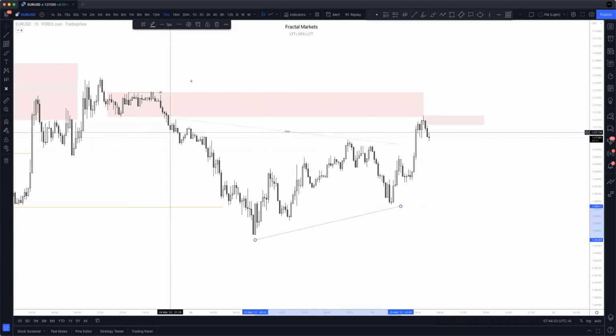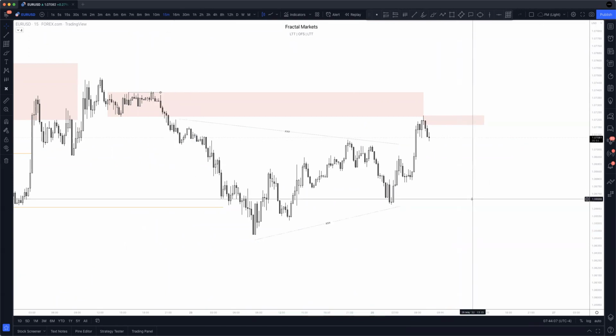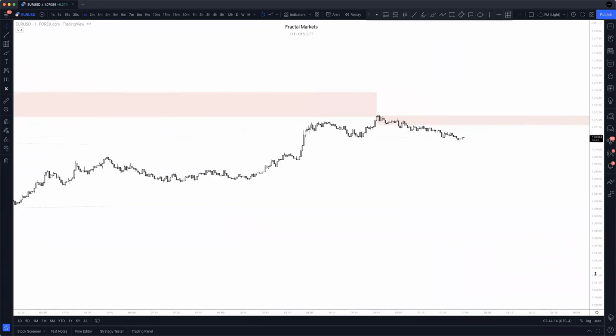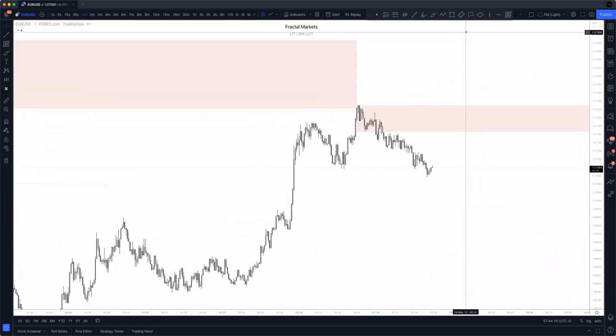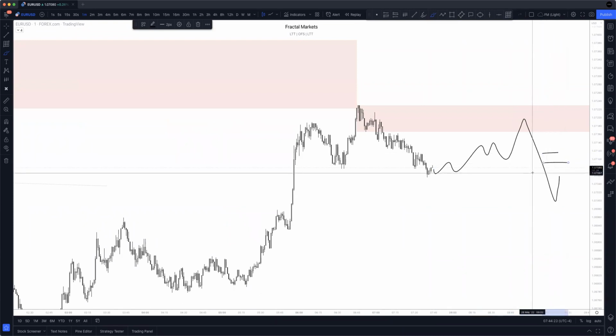We've got levels to come into. Ideally, what we're going to want to see is something along the lines of a very corrective swing in, and then look for something to confirm, right?